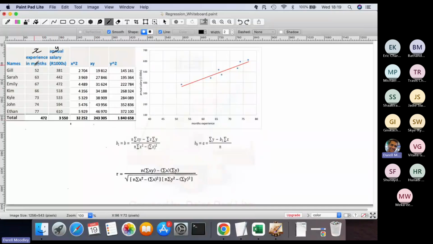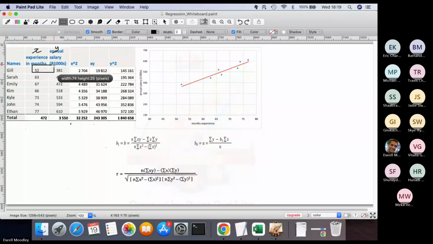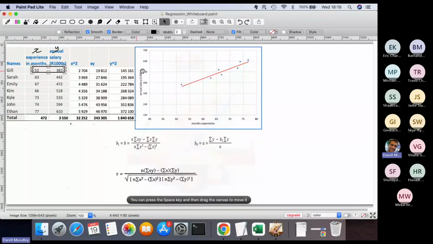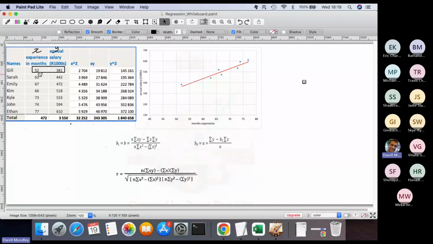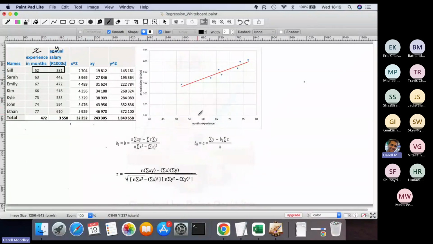So that first point, when x is 52, is in the graph here. There's your x-axis, which is your months of experience, and your y is your annual salary. So when x is 52 and y is about 381, that's the blue dot that you see here. The next point is 63 and 442, so that's the next blue dot.